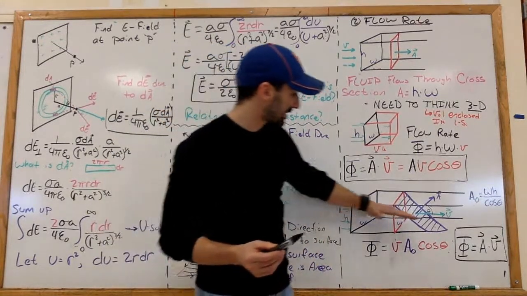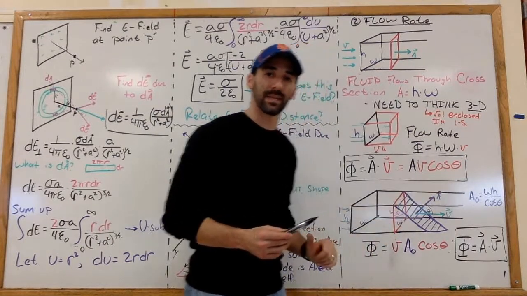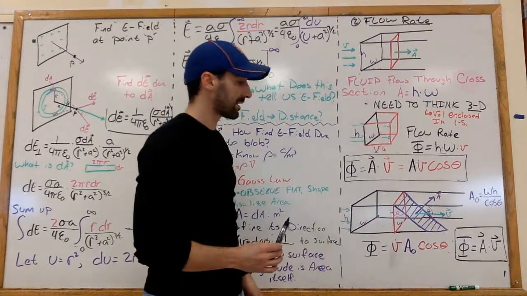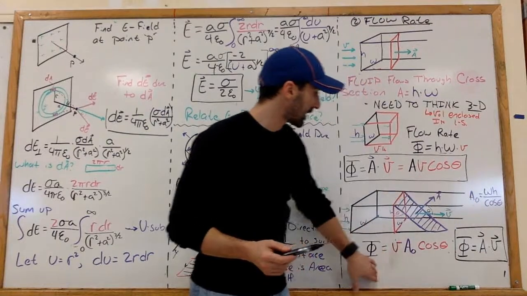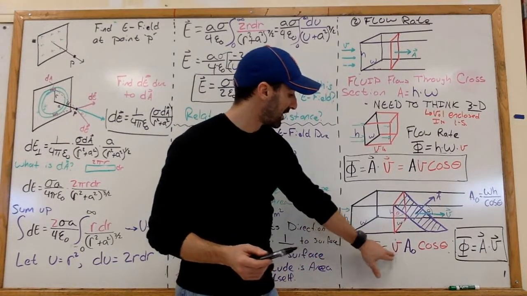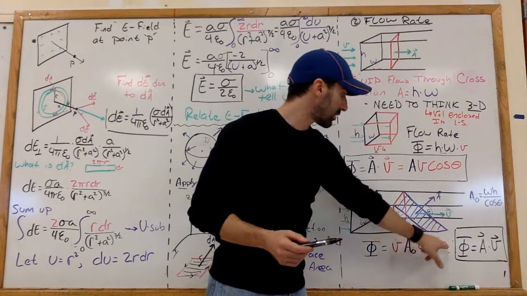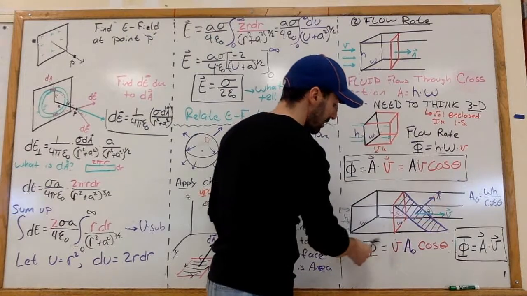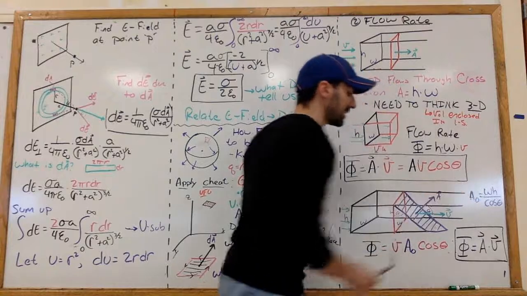Well, I know the velocity is going this way. I know my area vector is now perpendicular to the plane, so now I know that that's a cosine of my angle. So if I wanted to do the math, I could. If I wanted to just directly plug in, I know V times A, except now it's my A naught, times cosine theta. My cosine thetas are going to cancel, and I'm just left with my flow rate is equal to V times W times H.